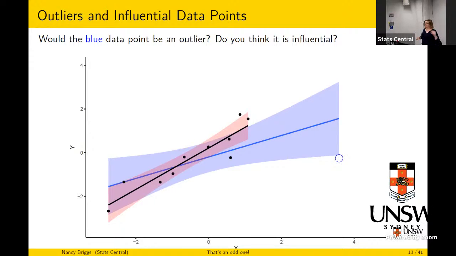The slope is different, so the conclusion that you might come to in terms of how Y changes with a 1 unit change in X is quite different, and that confidence band is once again really large. So this is affecting the entire model, just when you have that extreme X value, even if that Y value is not particularly out there.